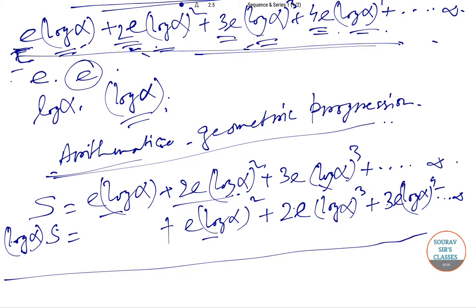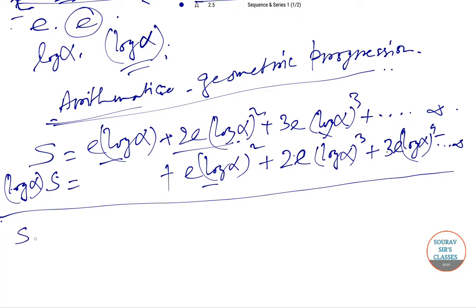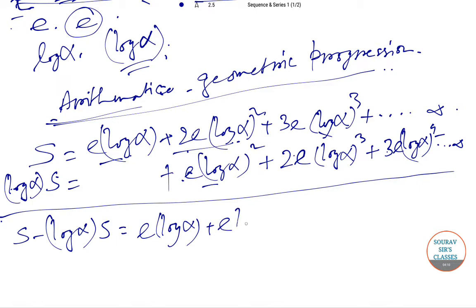Now subtracting the second part from the first part, we get S minus log alpha into S is equal to e log alpha. Subtracting, we get plus e log alpha square, plus e log alpha cube, and so on till infinity.